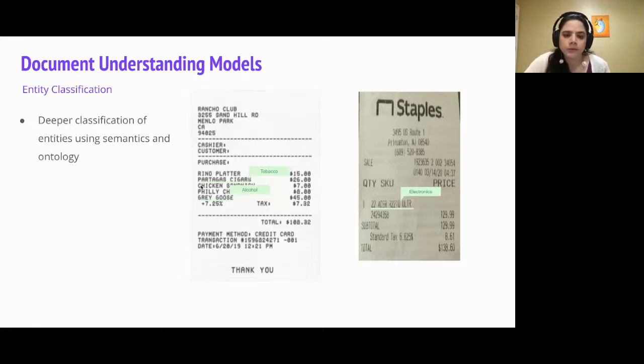Similarly, here we can dig deep into this receipt and say, okay, the Grey Goose is actually alcohol. So this item is alcohol. So we have to classify it and then further call that out. So here we used a lot of semantic based models. Also, we were able to harness the power of search and web to really understand what these items mean.